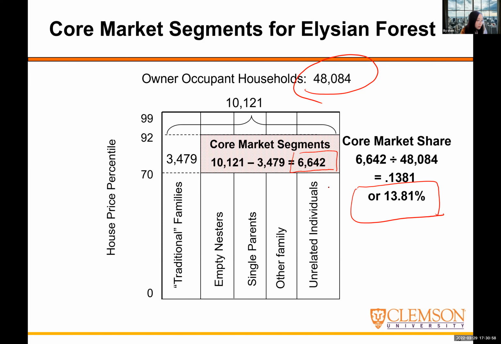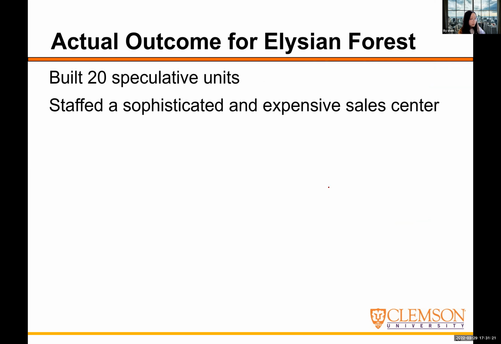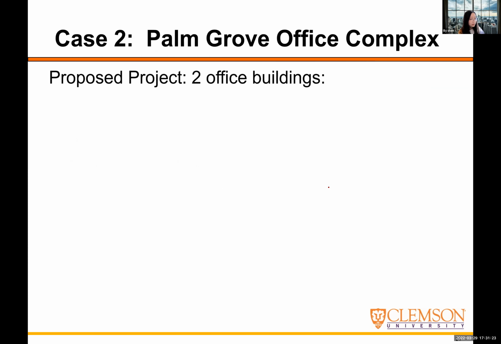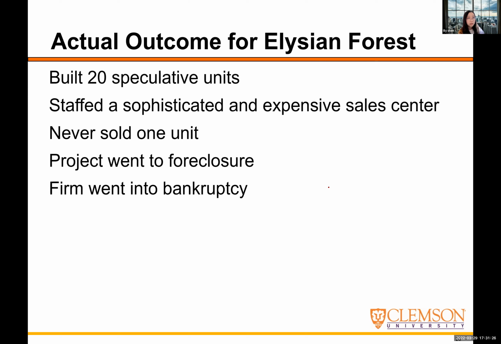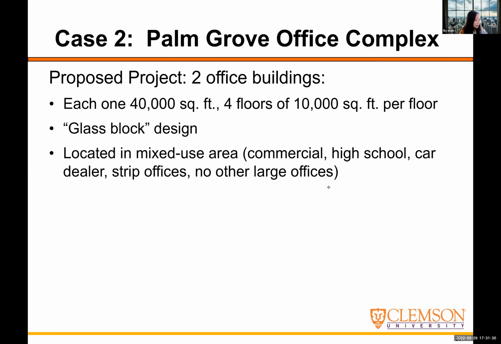Some analysis I may ask you to calculate based on this chapter: I may give you the total population and the percentage of the local people in each category, and ask you to calculate the core market share for a specific project based on the numbers I give you. Any question based on the case? Okay.